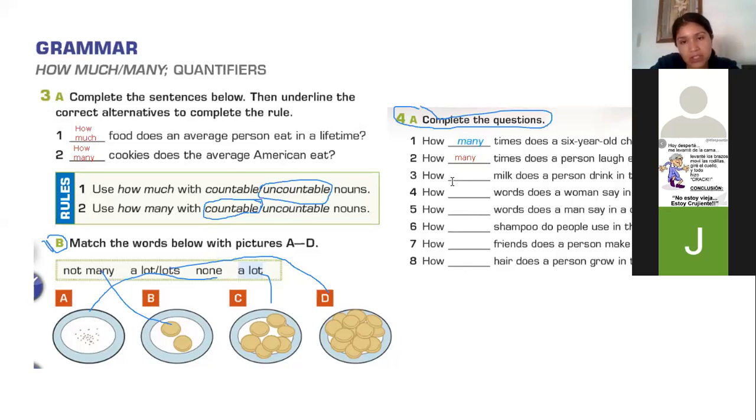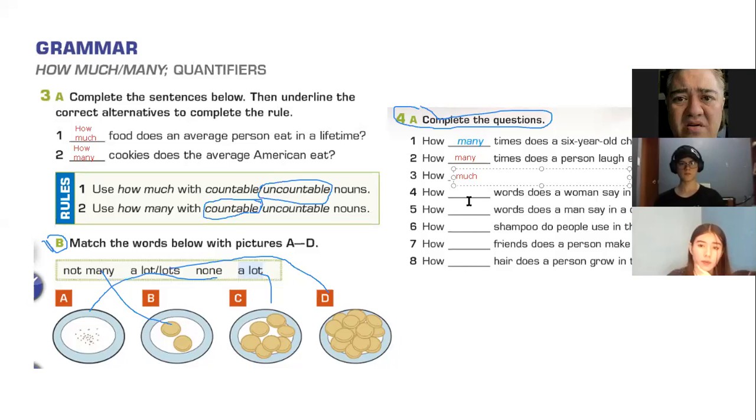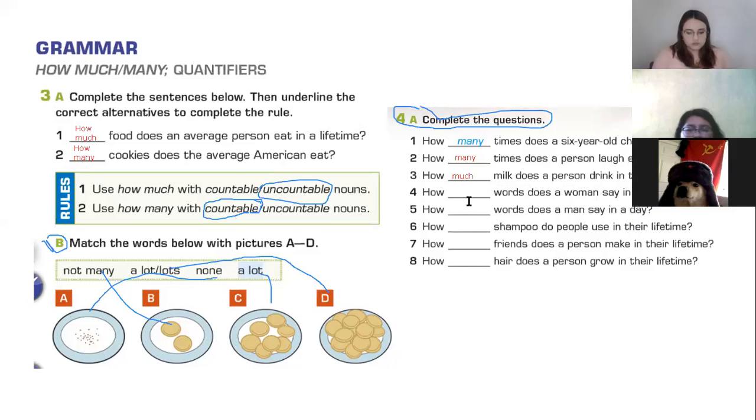How much milk? Number five. Sara Romero. Number four, sorry. How many words does a woman say in a day? How many words? Very good.